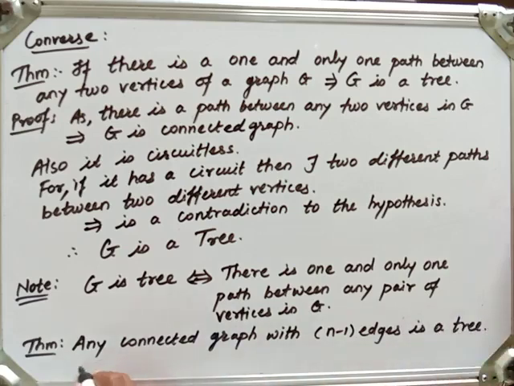Obviously, connected with n vertices and n-1 edges, then it will be what? A tree. Now here I will stop for this video.